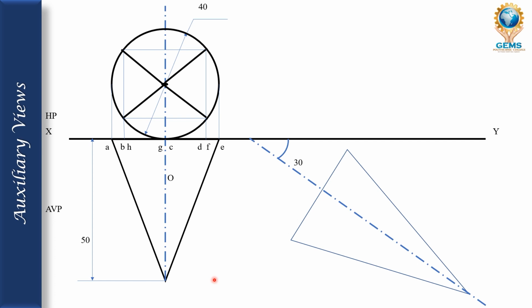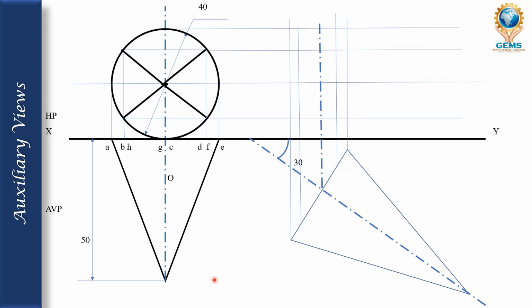Then take the center point from top to bottom and draw a straight line, and from here itself draw a straight line. So we'll get some points here. If you see here there are joining points.